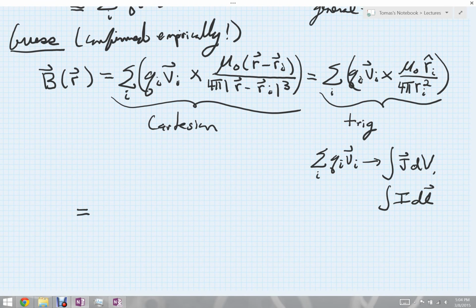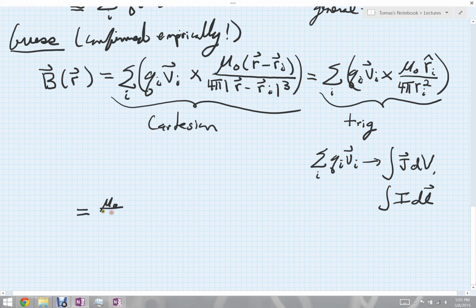Biot-Savart law, for instance, in trig form for a wire, it would appear then where the sum becomes this integral. So I would have integral then of a factor, which is a constant factor, mu naught on 4 pi. So there's a mu naught on 4 pi. Here, let me clear that off here.